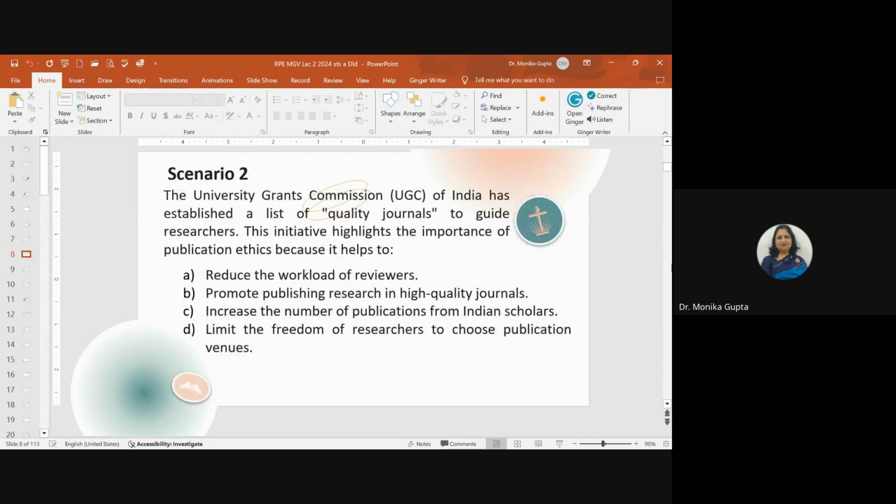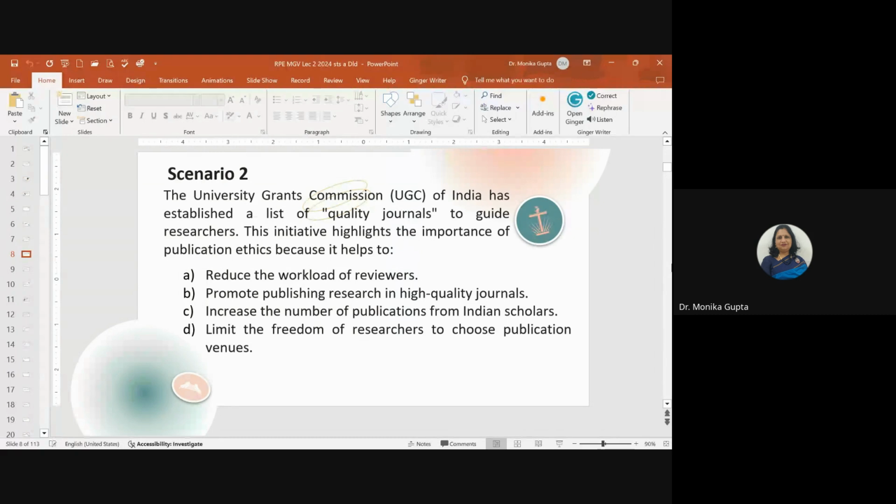So now see another scenario. The UGC, that is University Grants Commission of India, has established a list of quality journals to guide researchers. This initiative highlights the importance of publication ethics because it helps to reduce the workload of reviewers, promote publishing research in high quality journals, increase the number of publications from Indian scholars, and limit the freedom of researchers to choose publication venues.